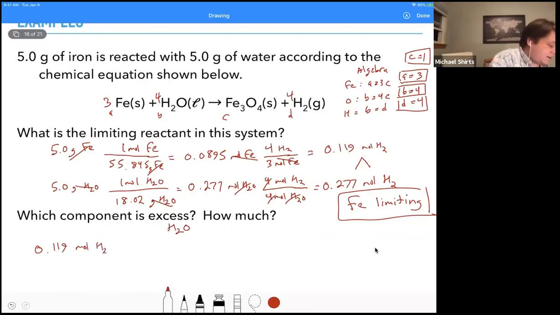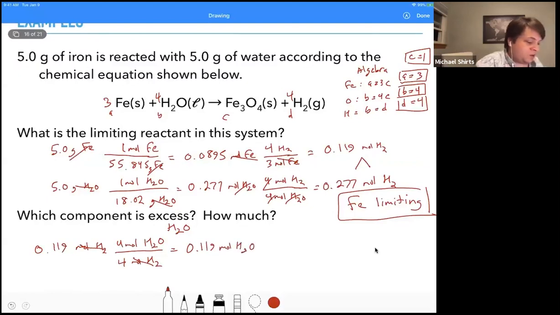How much water did that take? Well, 4 moles of H2, 4 moles of H2O, so 0.119 moles of H2O was used up.